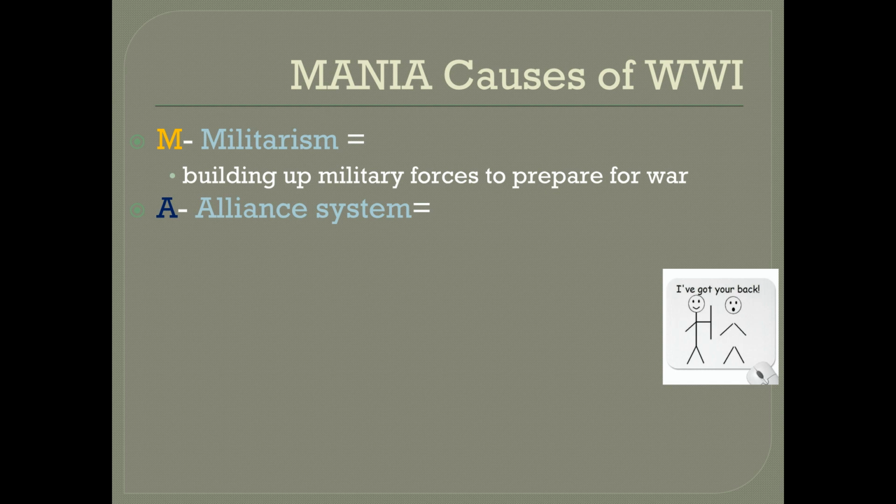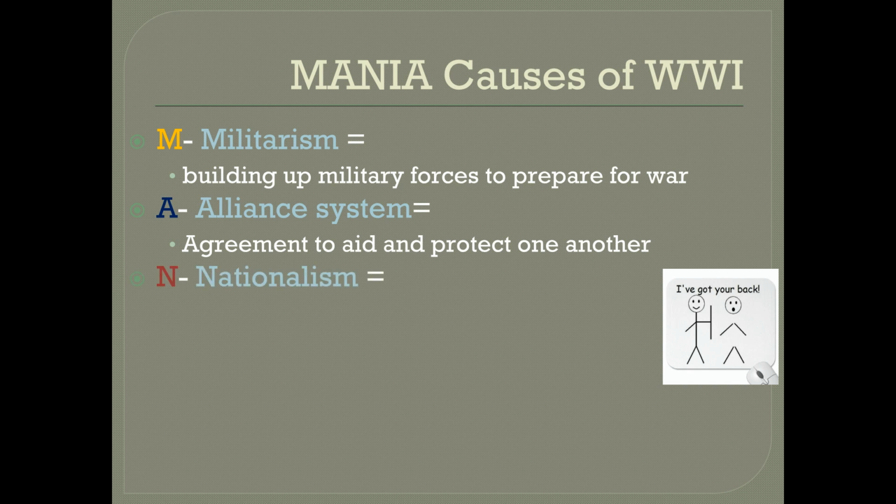So the alliance system is the letter A, and these were agreements to aid and protect one another. So if one attacked another country, then another country would step in and get involved. Because of all these alliances, it's going to really trigger this world war. N stands for nationalism, a sense of pride in one's country, which we know that definition by now.